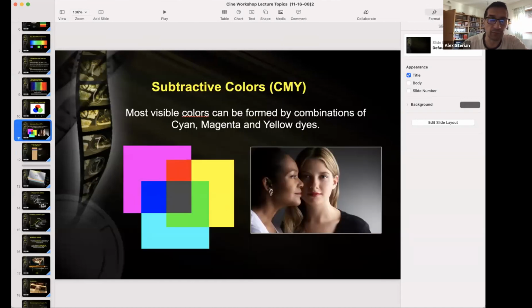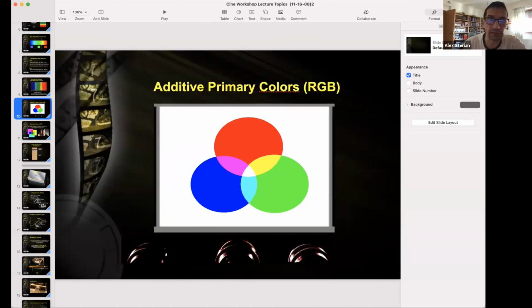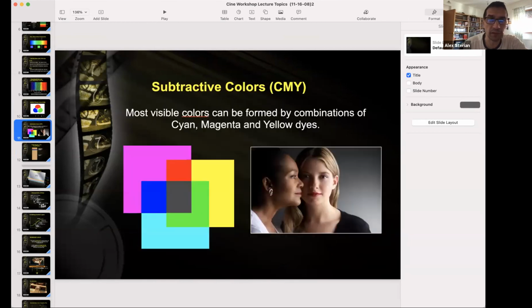So we have two different systems of producing colors. One is additive and the other one is subtractive.